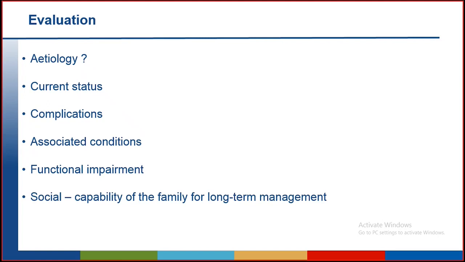For that, the child needs sound family support plus a sound economic background to maintain the ideal management, which is usually a challenge in our setup, and usually we are failing to provide the ideal optimal support. But it is also important to get a comprehensive analysis of the social circumstances of this child.